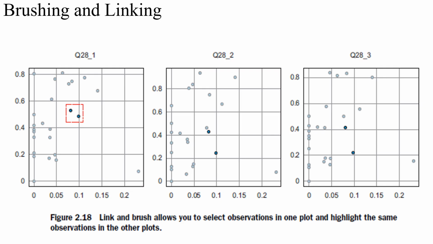This is called brushing and linking. It is also used for analysis of this particular data with respect to the other categories. First we choose it in a rectangular selection, brush it with the other categories as well, and link it. This way it helps in exploring the data.